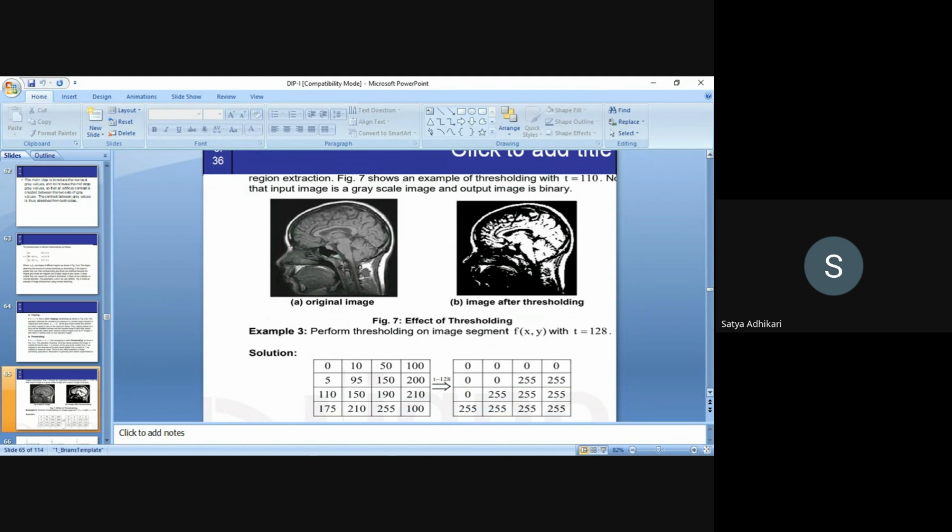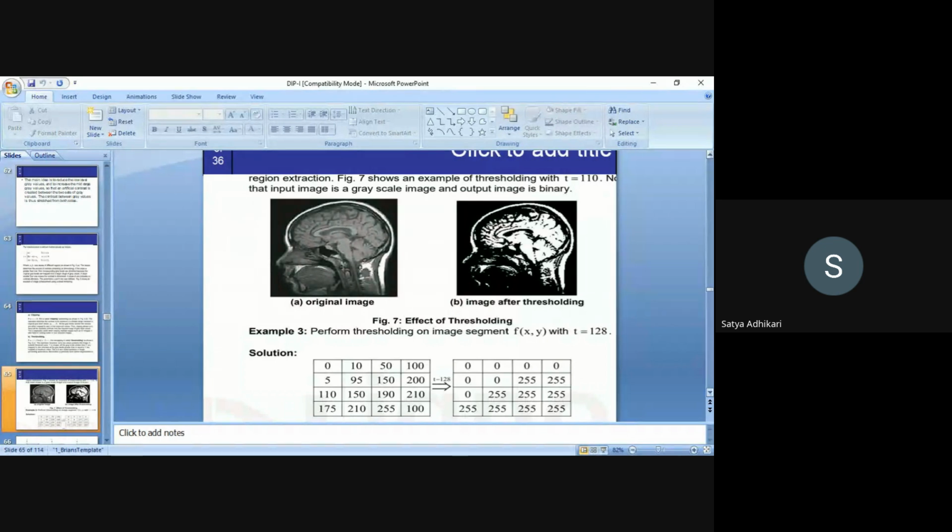So this picture has different gray level values. It gives an example of some pixels, not all the pixels of the image. And this is the intensity profile of the image.